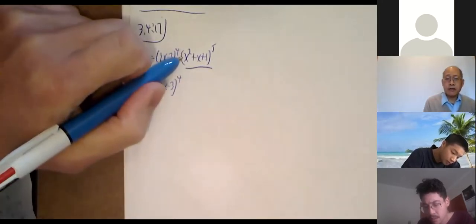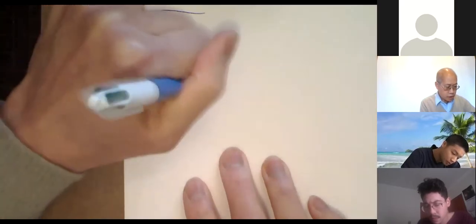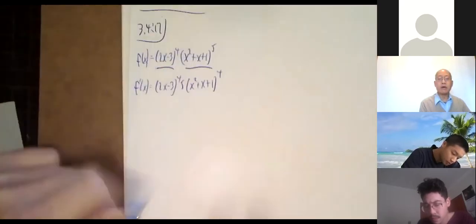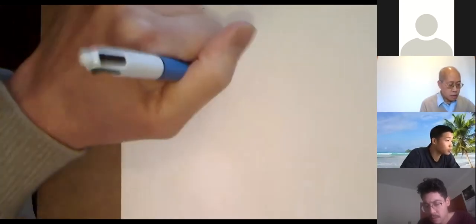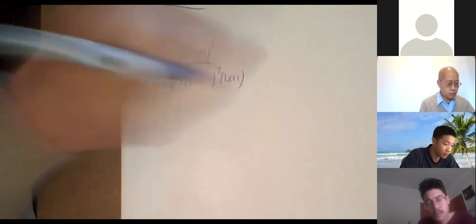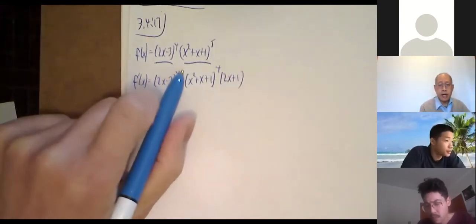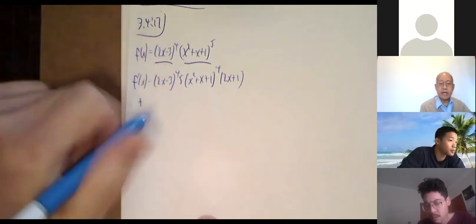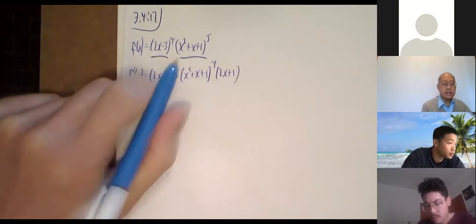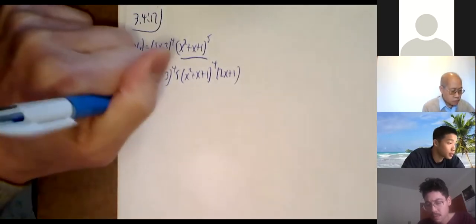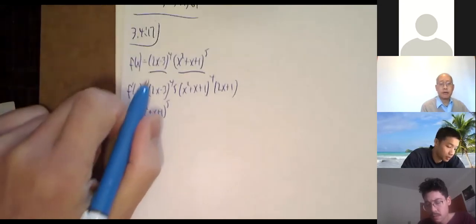The derivative of the second involves a chain rule, so 5 times (x squared plus x plus 1) raised to the 4th power, and then by the chain rule, times the derivative of the inside, which is 2x plus 1. Okay, so all of that was first times the derivative of the second, plus, and I think I'll scroll down, otherwise I'm going way out here. So plus second function, (x squared plus x plus 1) to the 5th, times the derivative of the first.